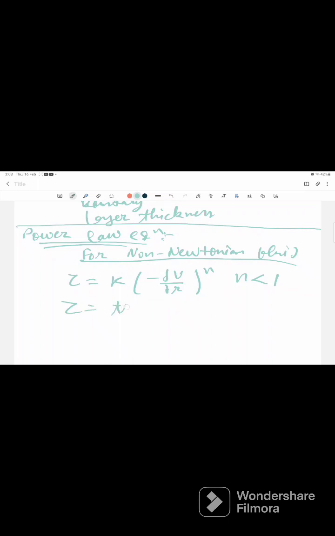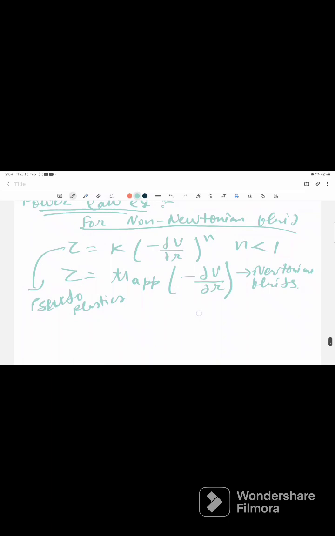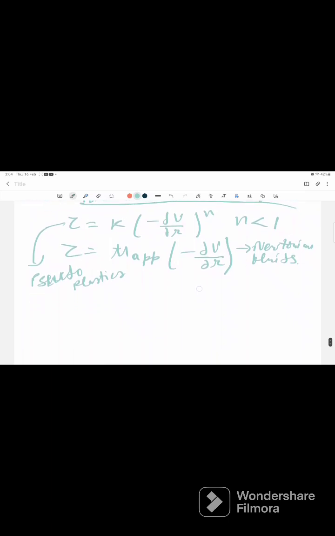For Newtonian fluids, tau is defined as mu, the apparent viscosity, times minus dV upon dr. N less than 1 gives pseudoplastics.